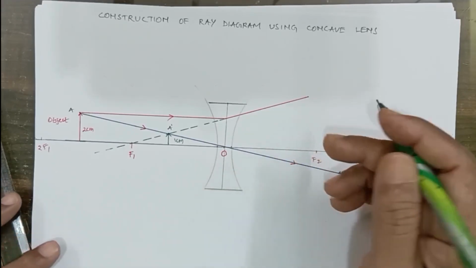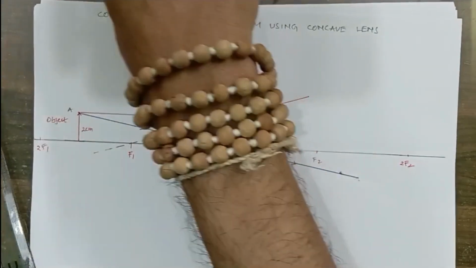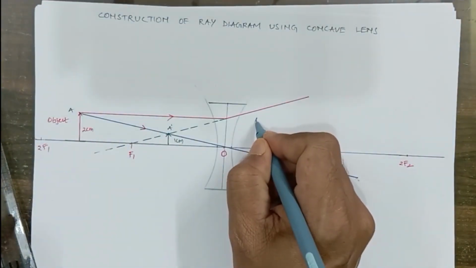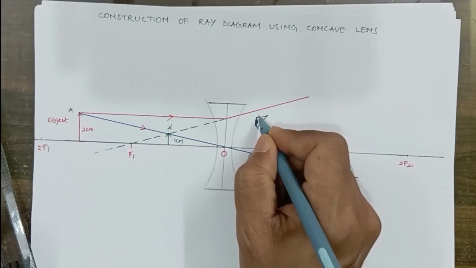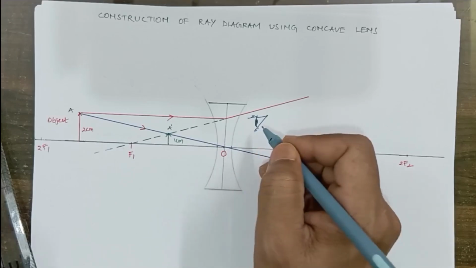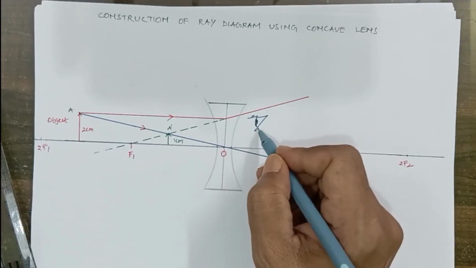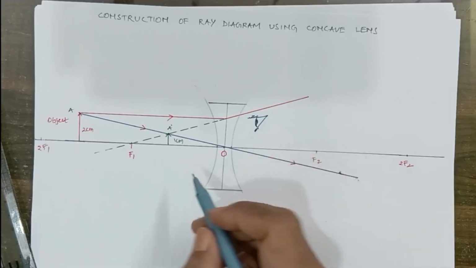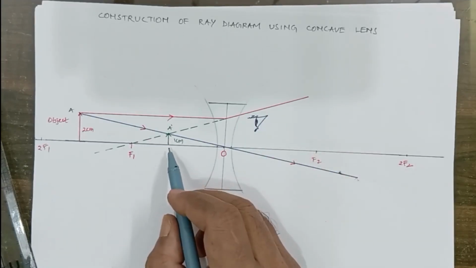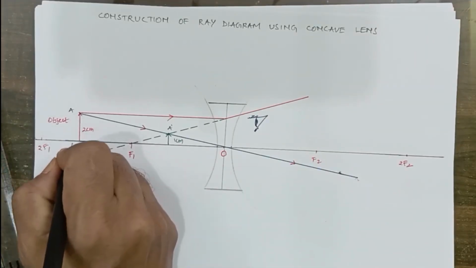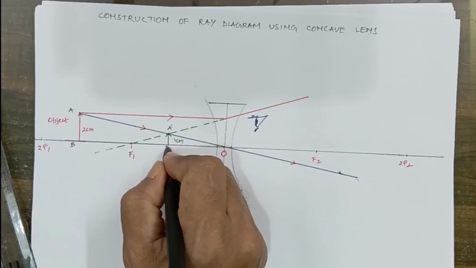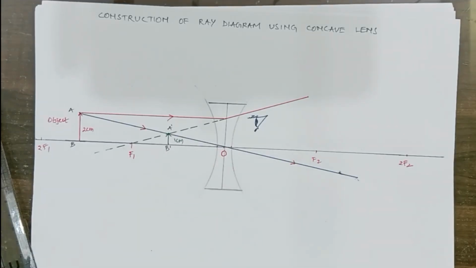Only when an observer from this side watches, he sees a virtual image of the object at point A dash. Let me name the bottom point: if it is B, then the bottom point of the image would be B dash. So for the object AB, an observer will observe a virtual image at A dash B dash.